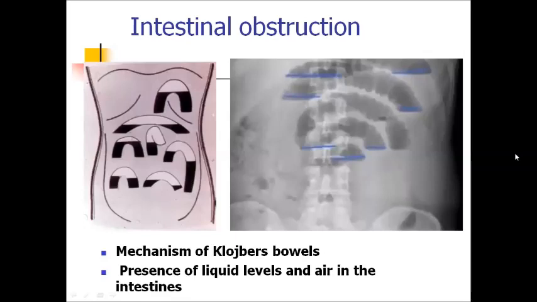Intestinal obstruction may be diagnosed with a very simple technique, abdominal plain X-ray, and the main symptoms of intestinal obstruction are the presence of multiple liquid levels in dilated bowel loops and bowels of air above the horizontal levels of liquid in the intestinal loop, so-called Kloiber's bowls. Here they are in white color, and on plain X-ray film, multiple horizontal levels of liquid and the presence of gas above these levels.